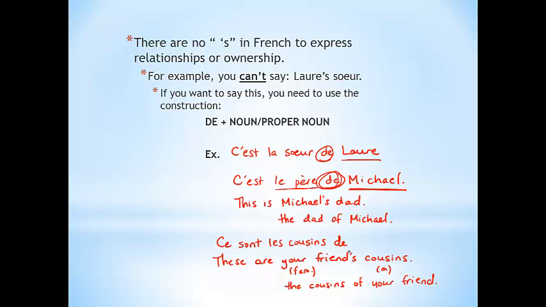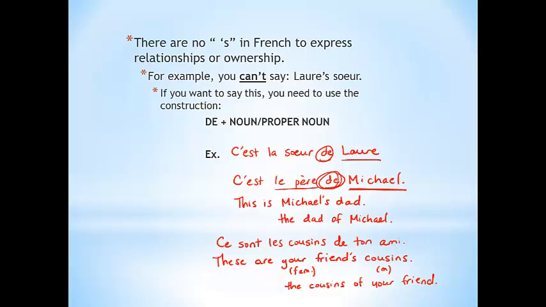De, of, de, ton ami. Okay. All right. Ce sont les cousins de ton ami. Okay.